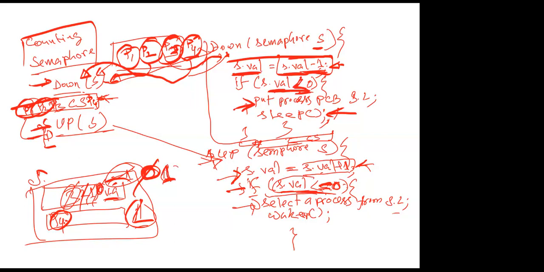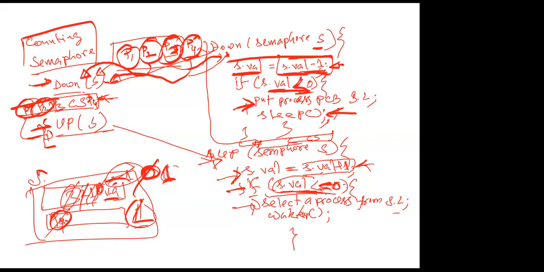That means there is no process in the queue list, since P4 has already entered the critical section. When it is 1, it means there is no process waiting in the list right now.